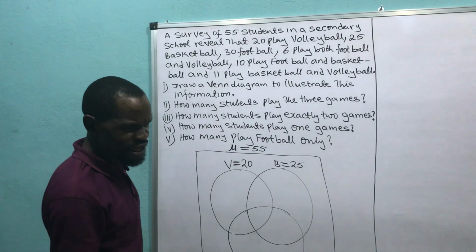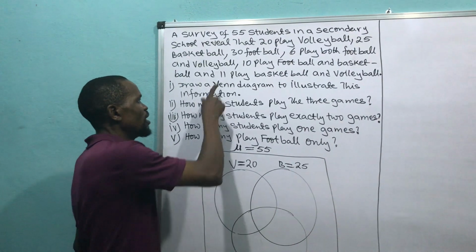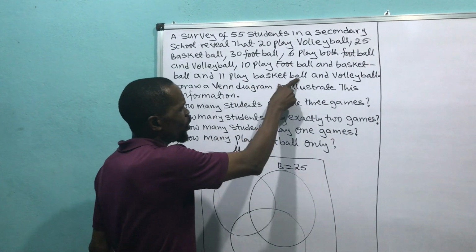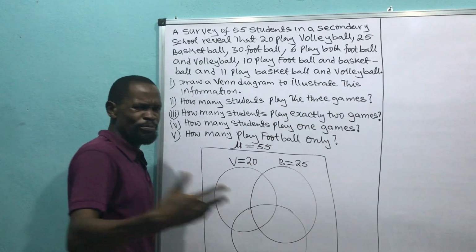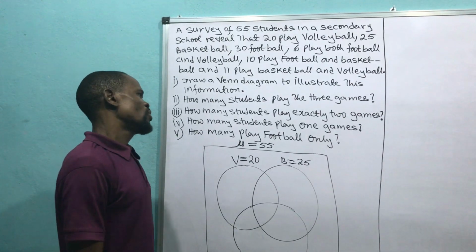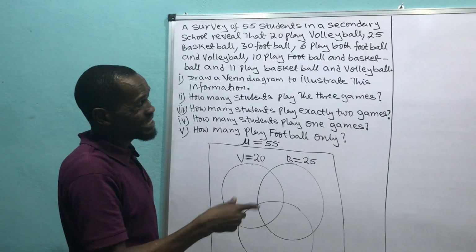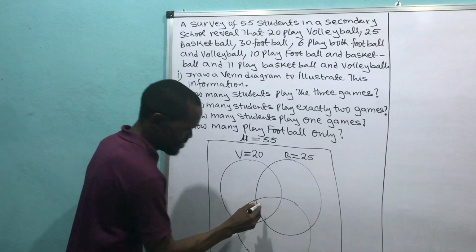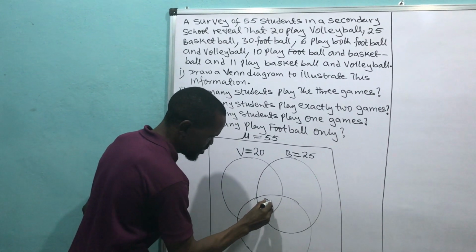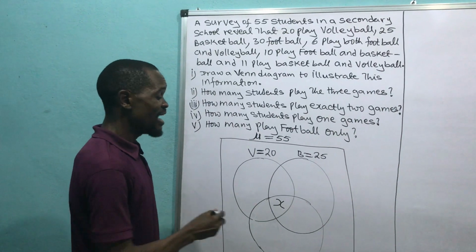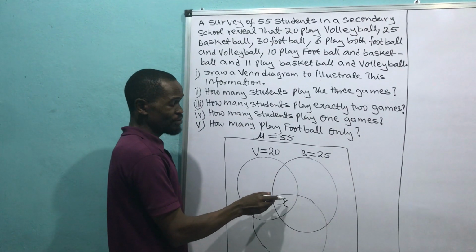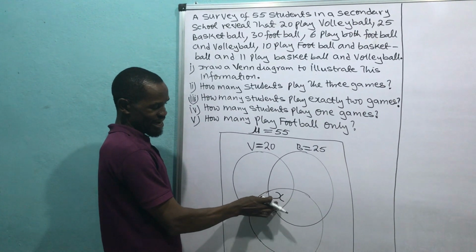Did they put only in that statement? No. 11 play basketball and volleyball. Did they put only on that statement? No. And they asked me, how many play the 3 games? Then let me represent those people that play the 3 games with X. Look at it in the middle.